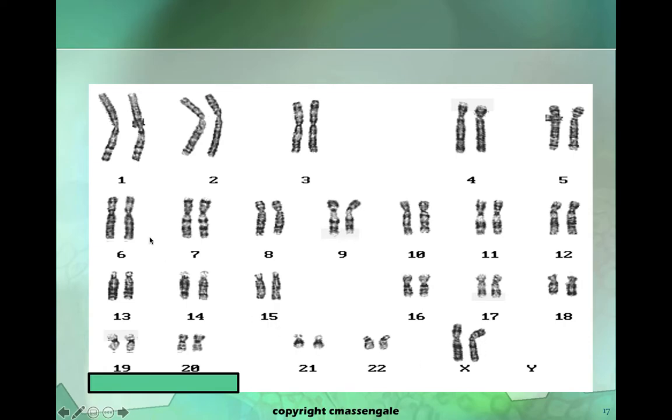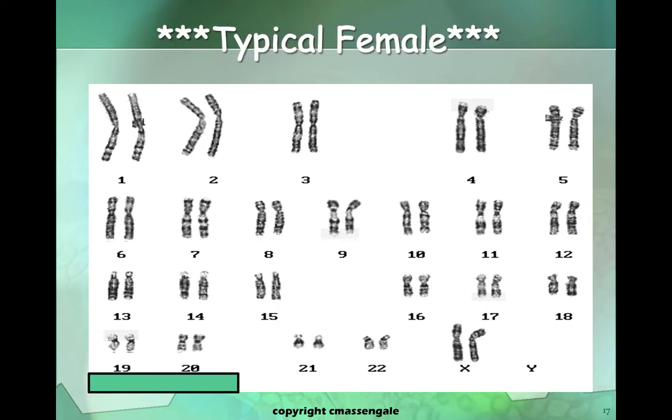So whenever you're trying to identify a disorder or some type of misalignment, basically what you're looking for is one that might have three chromosomes instead of only two. Or it could have only one chromosome present instead of two. And that's kind of what we're looking at there.